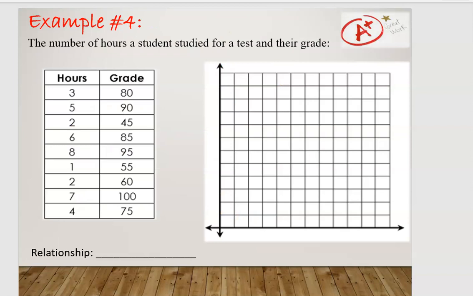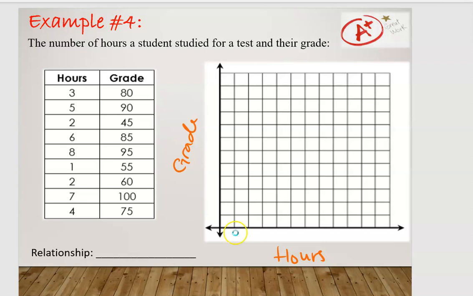So here we have the number of hours a student studied for a test and their grade. So the hours are going to be our x-axis, and grade is going to be our y-axis. And we need to plot these different data points that we have here. So we're going to label our x and y axes with what we know.